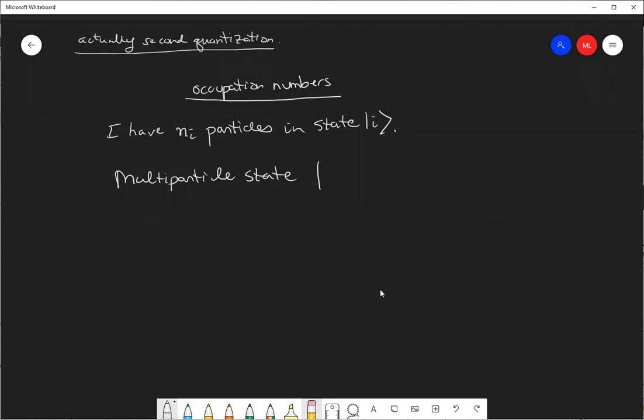If you only had 2 particles, you can just say which states they're in, write down the symmetric or anti-symmetric combination and be done with it. But once you move to this occupation number representation, your states will look like this. You have to actually tell me what the occupation numbers are for each possible single particle state. And a lot of these are going to be 0. A lot of times you'll have no particles in that state. So that's the price you pay, in a sense.